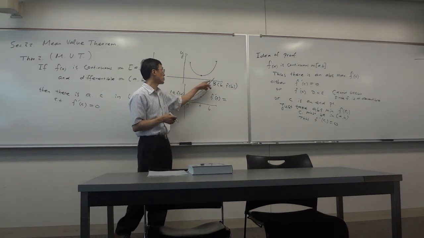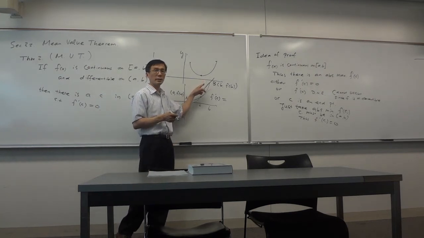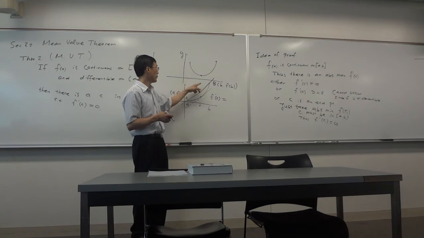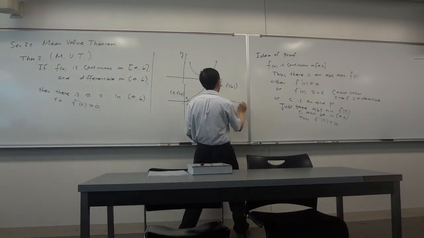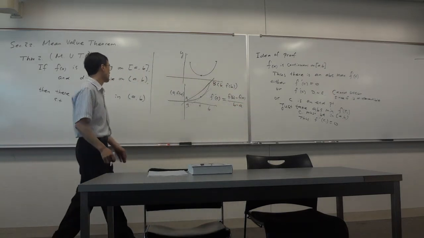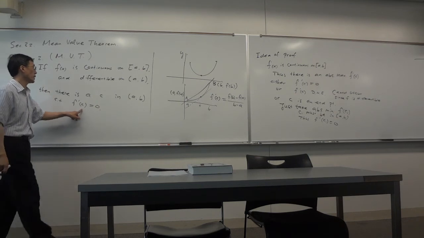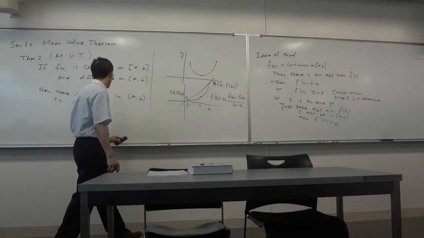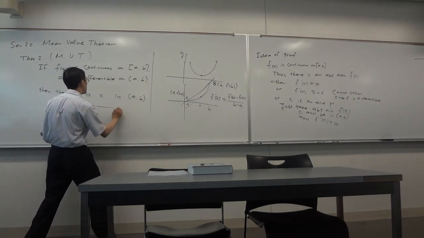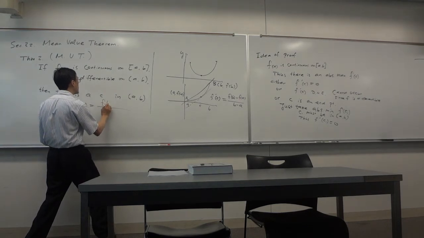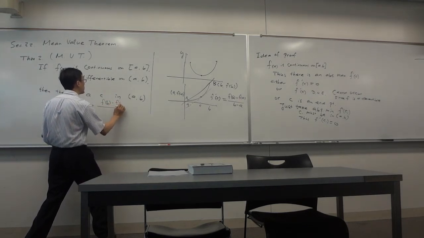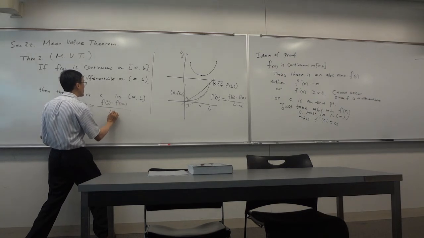Therefore, what should be the slope of the secant line? f of b minus f of a over b minus a, right? All right, that's the statement. So instead of saying f prime c equals 0, we're going to say f prime c equals f of b minus f of a divided by b minus a.